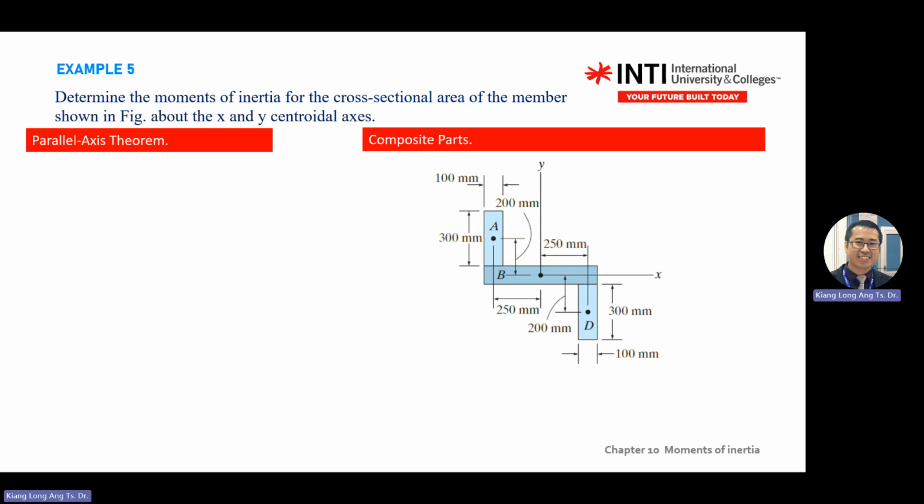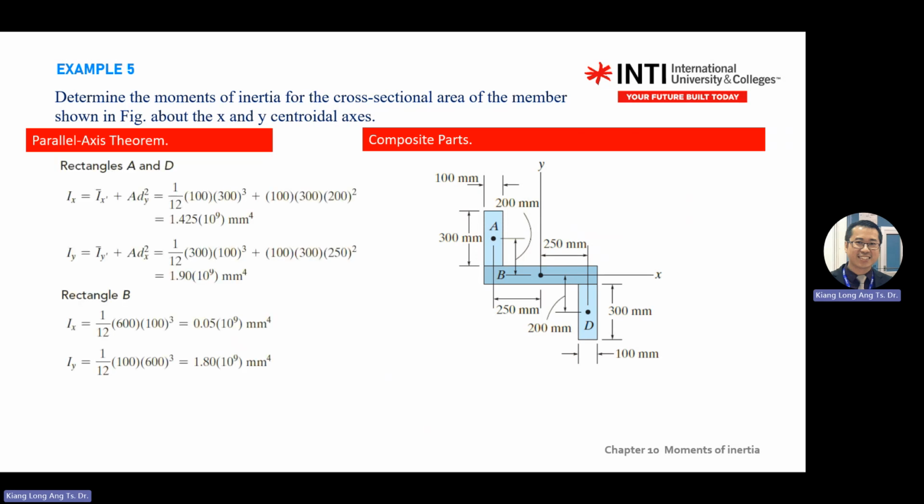B is on the centroid, so your d is 0. D, you also have Ad squared, but your d is negative. But when you square it, you still get a positive value.